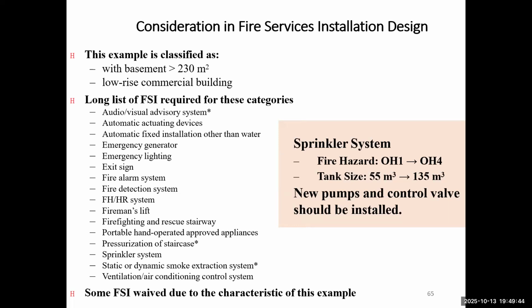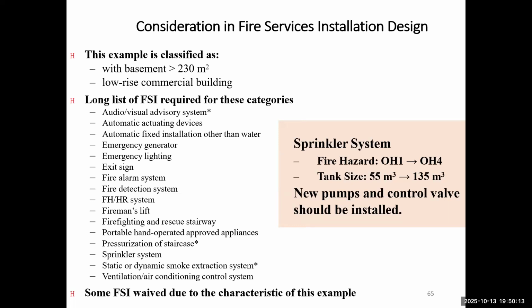There is a very long list of fire service installations required for this category, such as the audio or visual advisory systems, emergency generators, emergency lightings, exit signs, and fire detection systems.